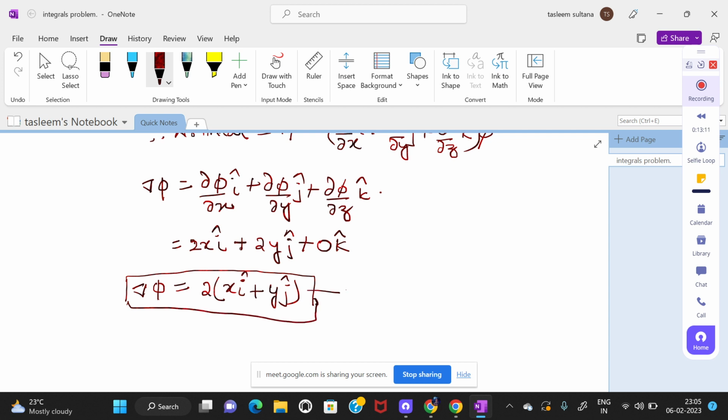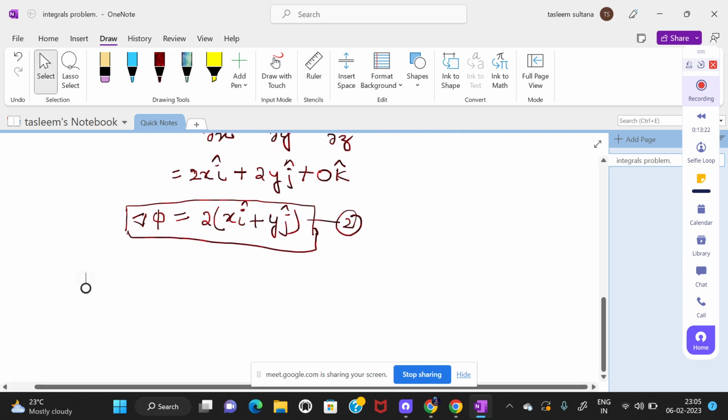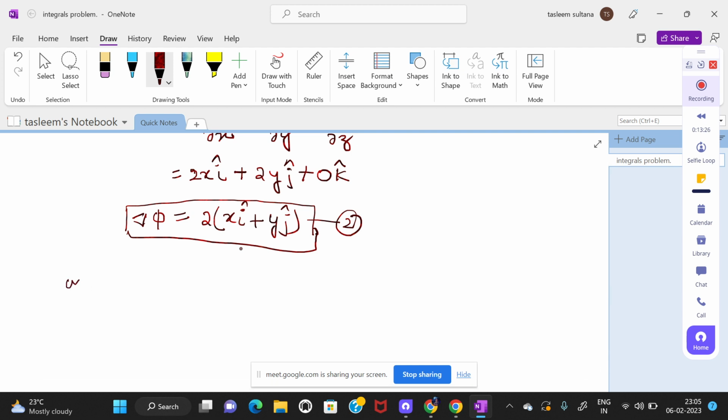This we will mark as equation number 2, which we got. Now, unit normal. How will we find the unit normal? What is the unit normal formula?